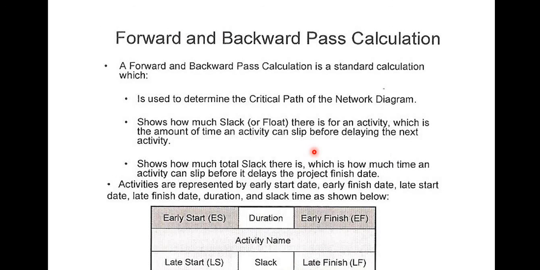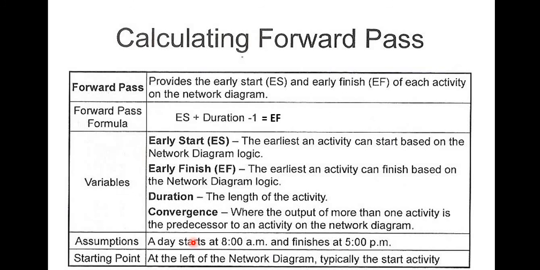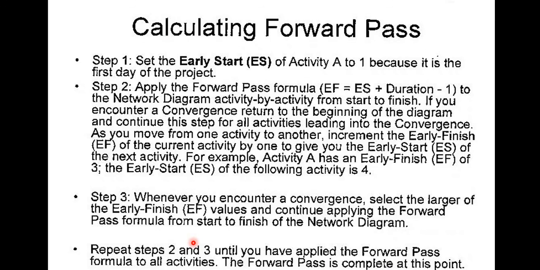For every box you see on the network diagram, this is a microscopic image of it, because inside of it we have the early start, the early finish, the late start, the late finish, the activity name, the duration, and the slack or float.